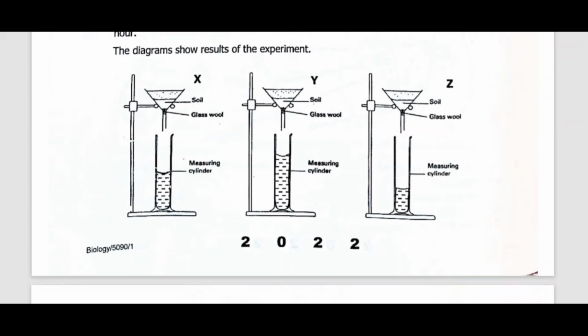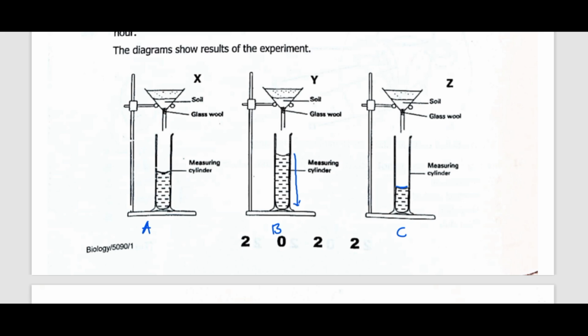So we'll consider this one as A, B, then C. From these 3 illustrations, we can see that in C, only a small amount of water was collected in the measuring cylinder. Then for B, we can see that B is showing the highest. So this tells us that the soil in Y has the ability to allow water to pass through.